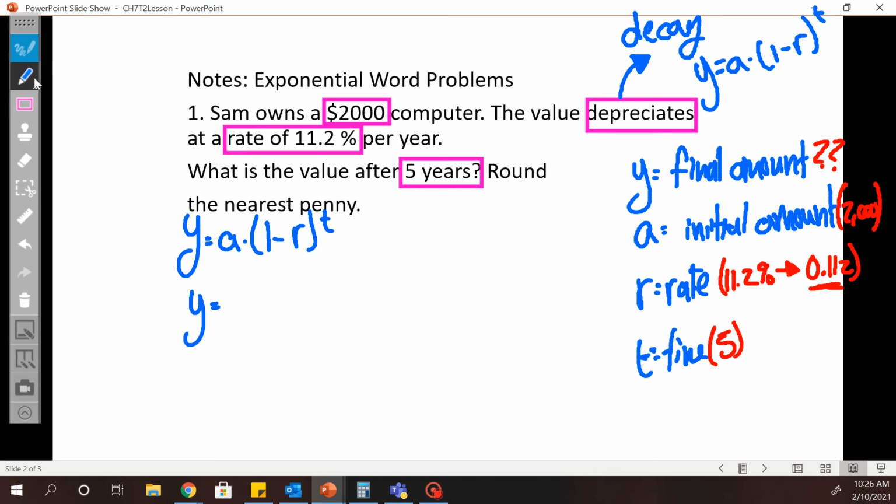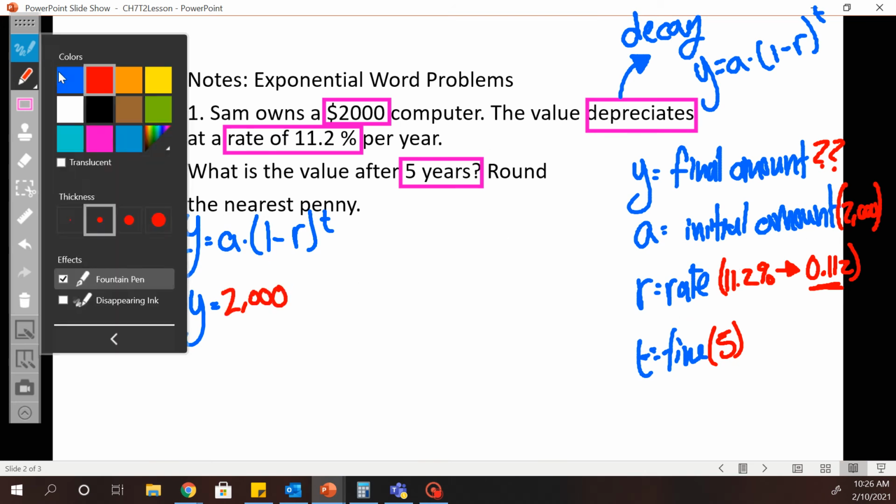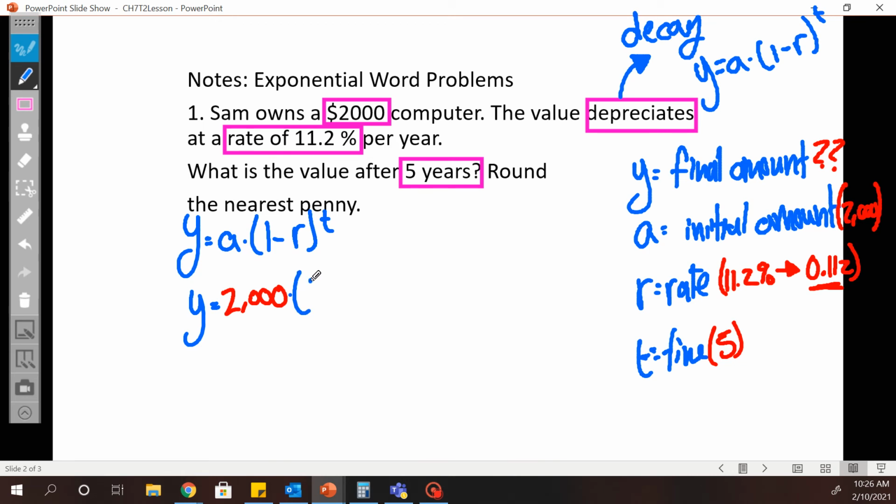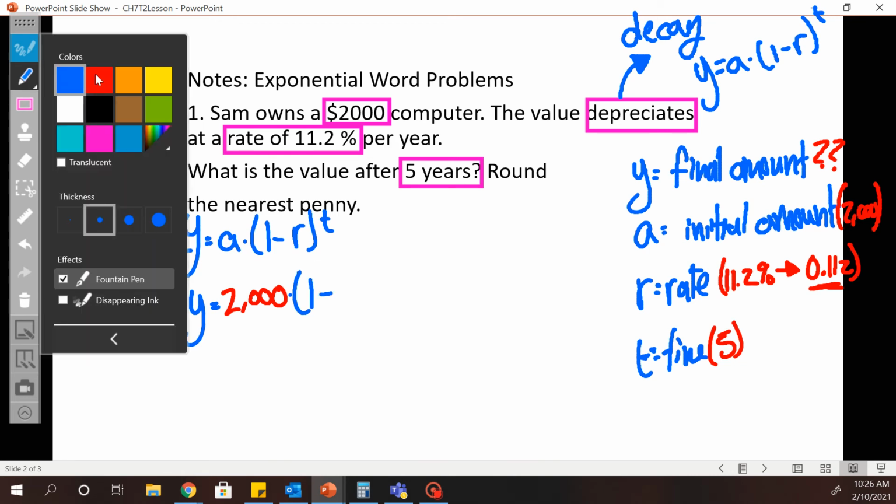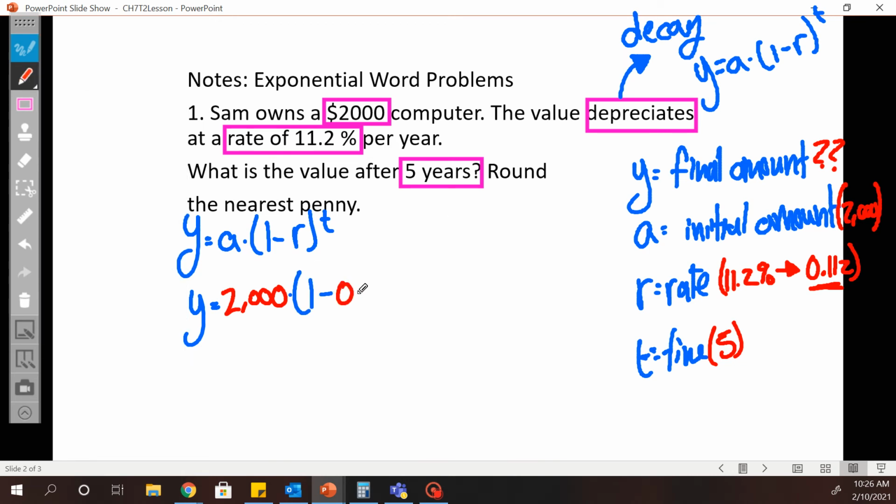All right, so I'll plug into the formula. A is 2,000 times 1 minus the rate, which is 0.112, and then raised to the time period, which is 5. Okay, so at this point, we just need to calculate this. We do need to do this using PEMDAS.